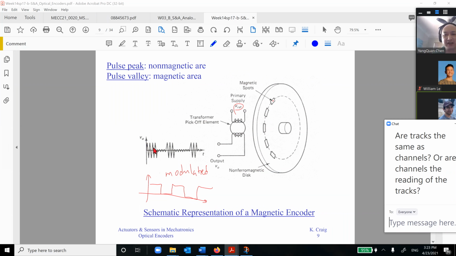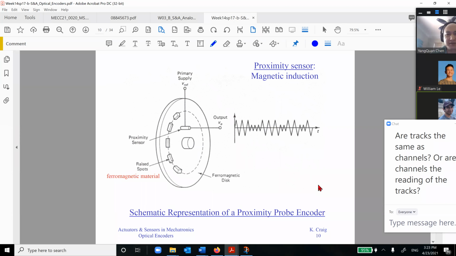We can convert this analog signal into a digital signal by certain demodulation circuits. So this is using a magnetic mechanism for encoding the signal. Sometimes this is still being used.